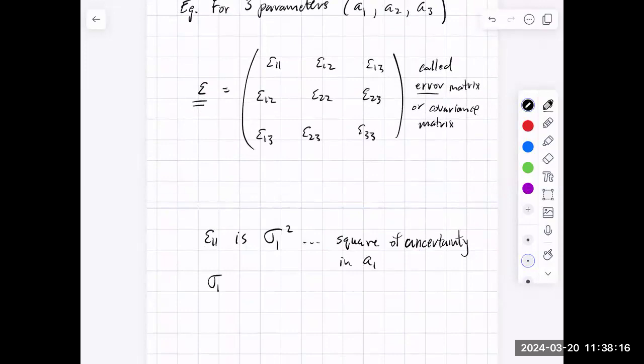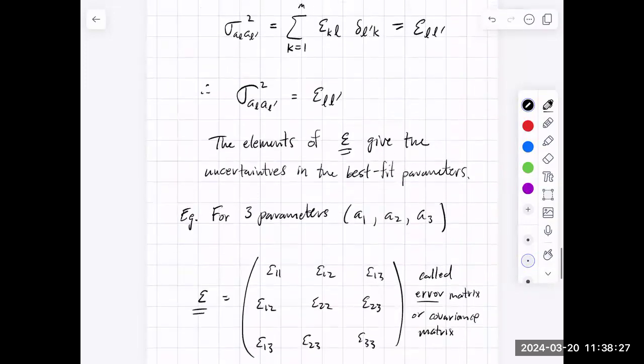So what we're saying is sigma 1 squared is sigma A1 squared, which is this A1 in the notation that we've been using for this.